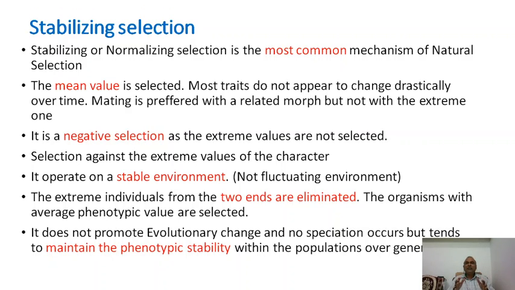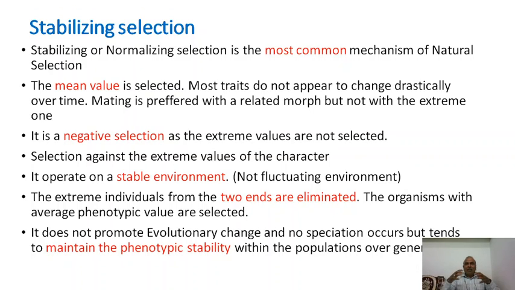Okay, mating is preferred with a related morph. Generally, what will be the behavior of the male and female? The female prefers the male which has a related morphology, not the extreme morphological individual.